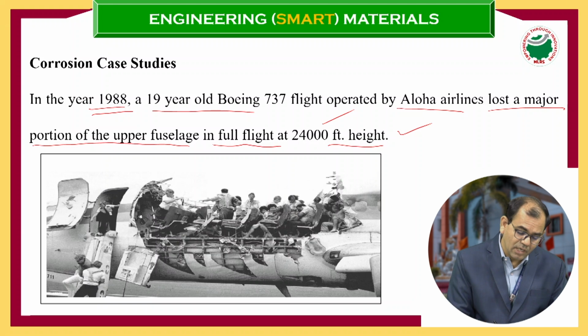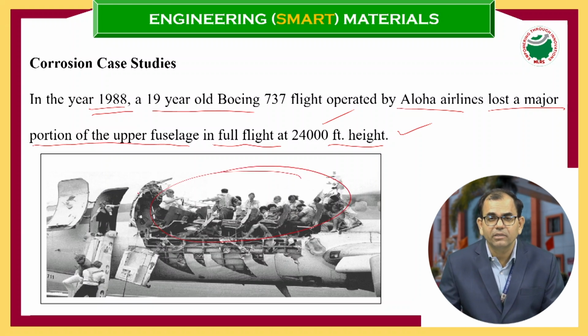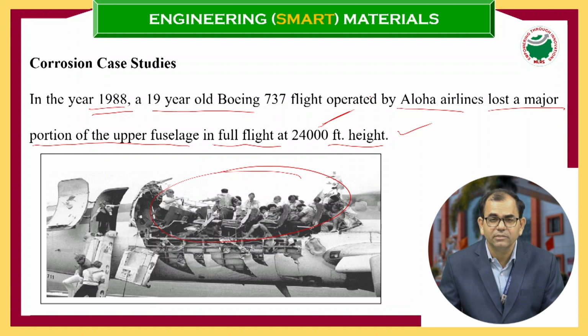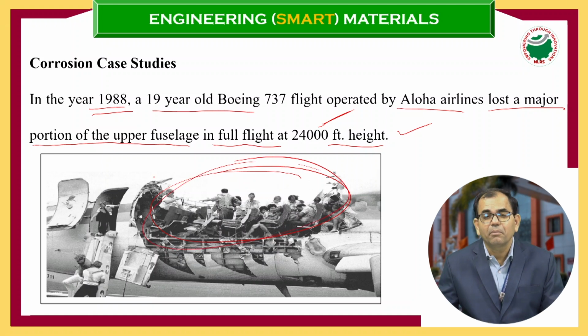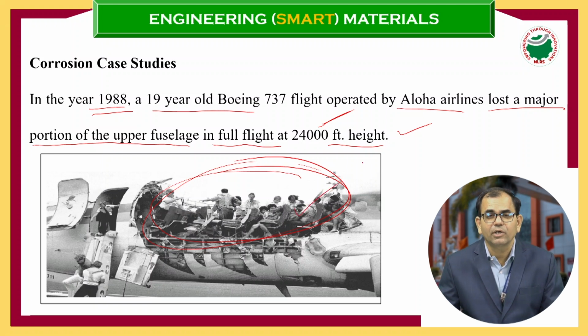The reason could be the corroded parts. The roof of that flight might have corroded, and since it was flying at 24,000 feet, due to the pressure conditions the top of the flight might have flown away. So the main reason for that kind of damage is corrosion.